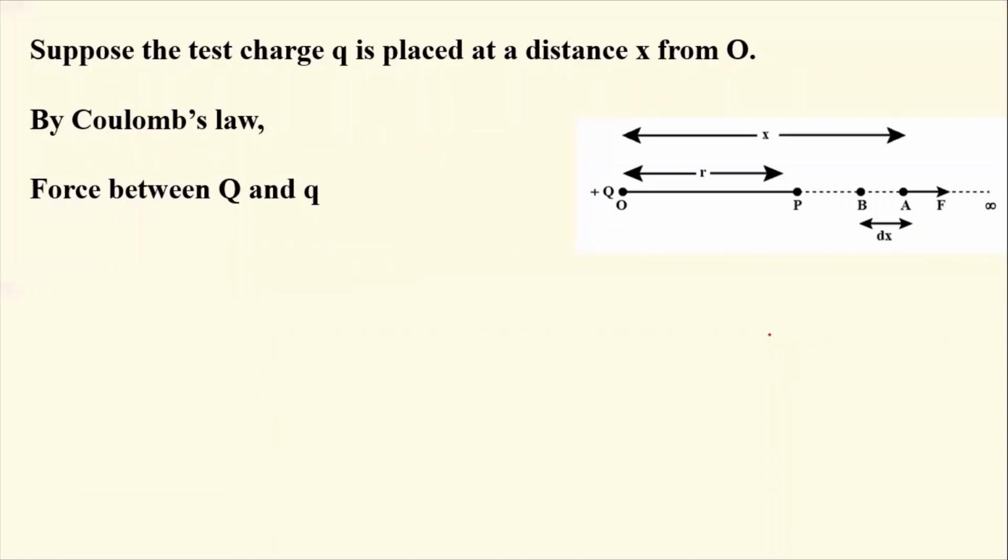Now let us see here, the test charge is placed at a distance X from O. As I told you earlier, there is only field till here. This test charge is moved till this point. From here it will experience a repulsive force.